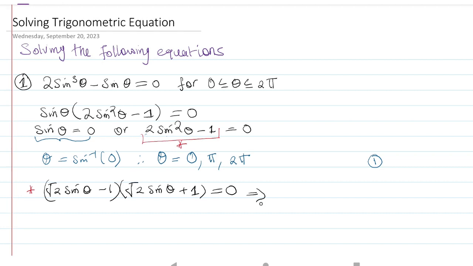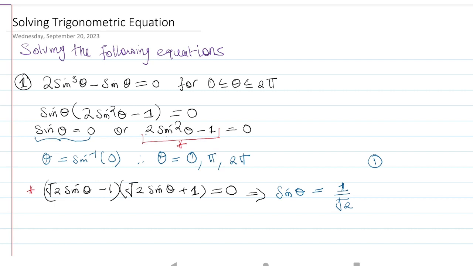So this implies we can solve for sine theta. From the first one, we have sine theta is equal to positive 1 divided by the square root of 2.